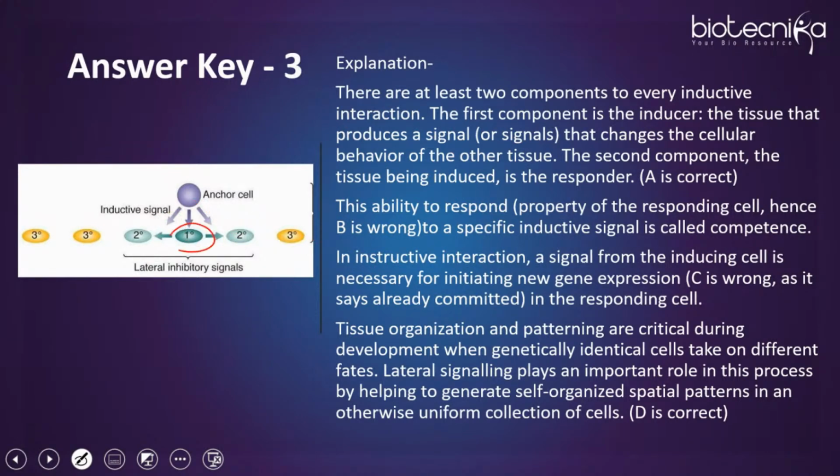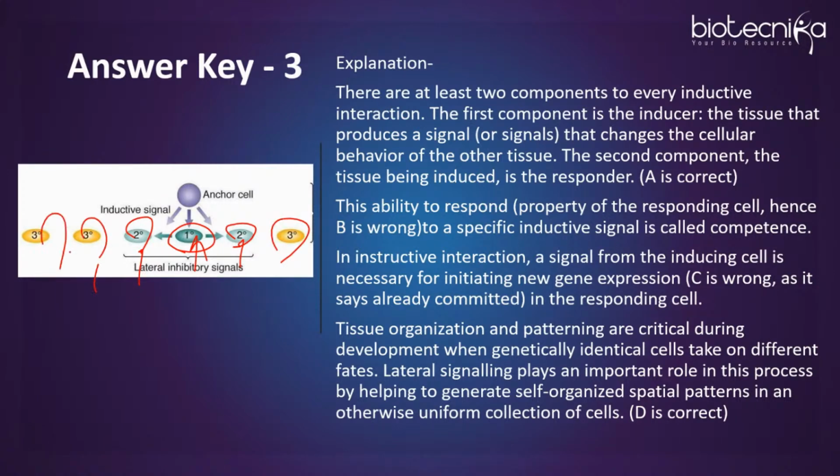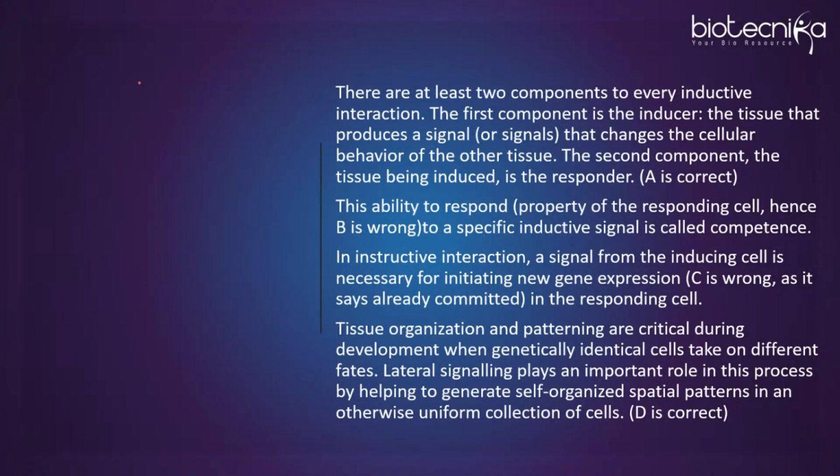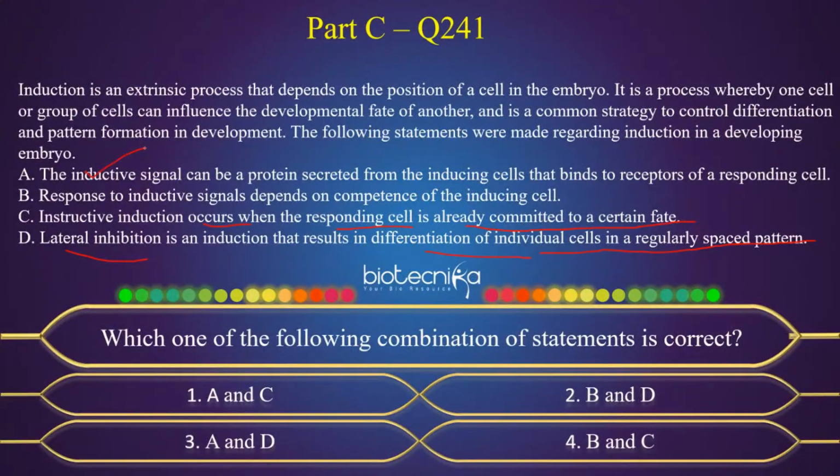A dark green color showing one pattern, a light green color showing a different pattern. They did not get the signal, so a different pattern. That's how it plays an important role, helping to generate self-organized spatial patterns in an otherwise uniform collection of cells. Initially these cells were all the same, but because of the combination of instruction and lateral inhibition, they became something else. That's why this is correct, these are wrong, and D is right.